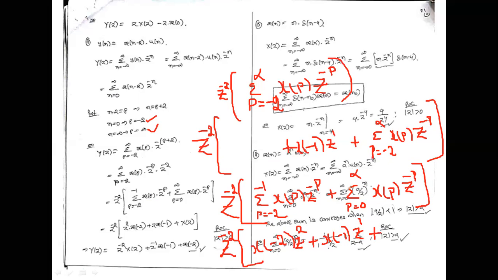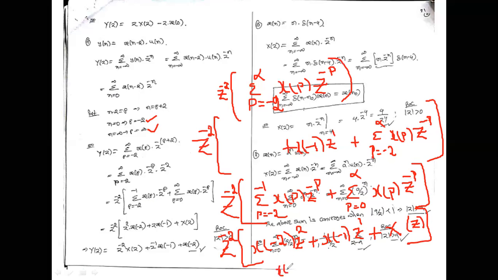Plus, and this total function, you see here, this total function is the unilateral z transformation only, x of z. Got it? That is the way we got it. Internally we have minus 1 and minus 2 taking their functions, and 0 to infinity the other function x of z. Now I can multiply this function with z power minus 2 and z square here.